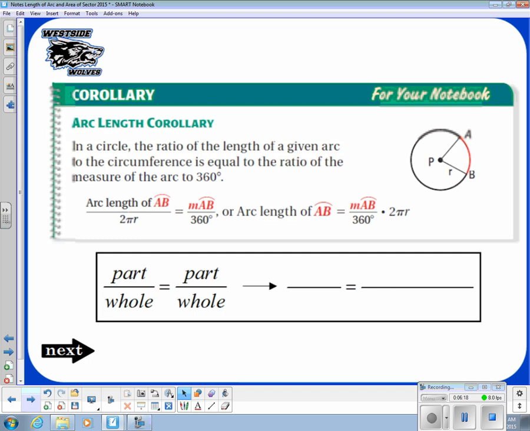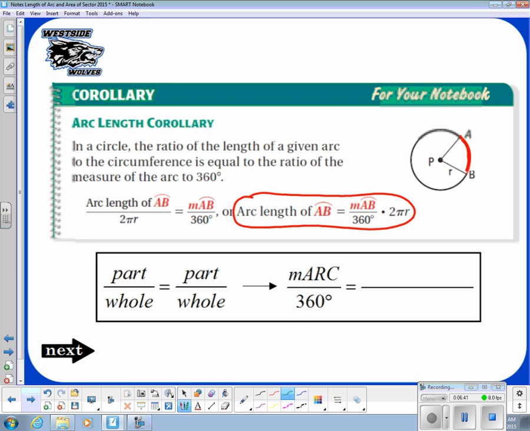The relationship for the length of an arc, that's the length of that piece right there, AB, is a proportional relationship. And that proportional relationship is a lot easier to remember than this whole entire formula up here at the top, which I've already had you work on. So we know that there's a whole 360 degrees in a circle, and the part would be the measure of the arc we're dealing with.